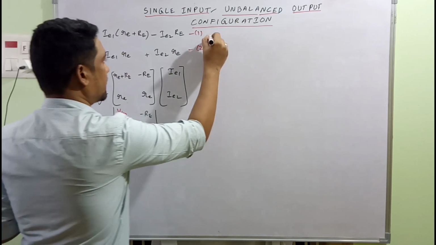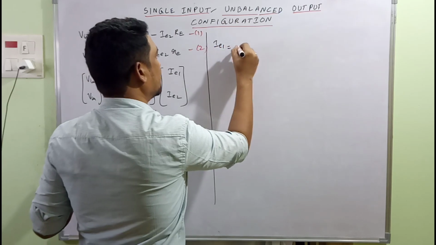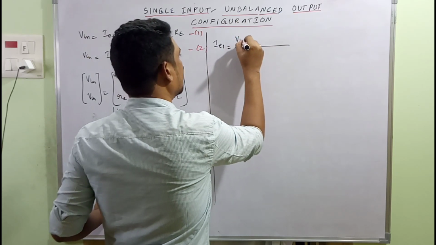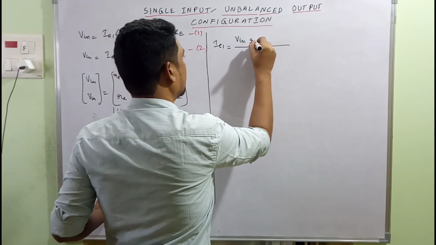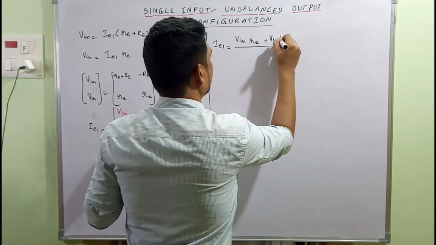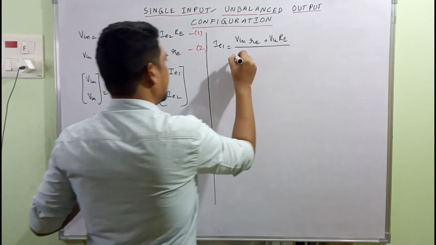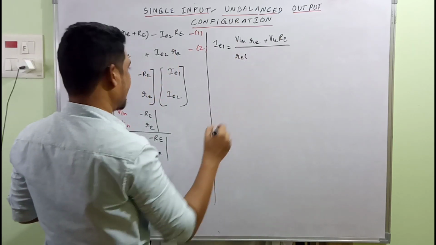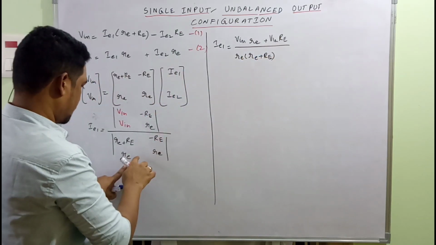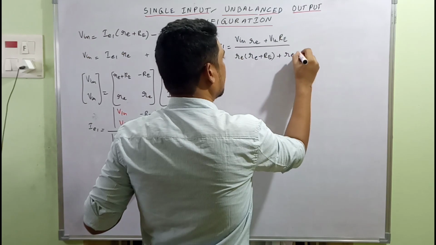And after simplifying that, what would be the expression for IE1? IE1 will be equal to, in the numerator, V in RE plus V in RE, and in the denominator it's RE into RE plus RE, plus, since we already have a negative, that will be plus RE into RE.